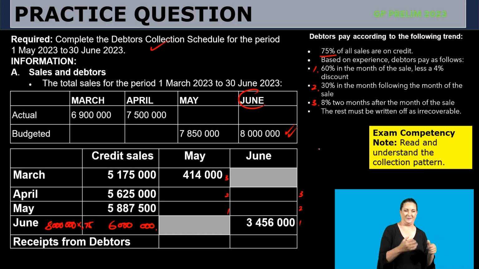Okay, so calculators need to be ready. I'm only going to do the parts that are not written in. So I'm coming to April. How much am I going to collect in May? I'm going to collect number 2, 30%.